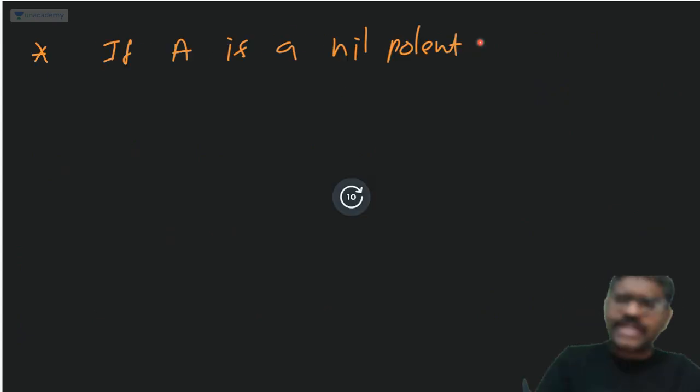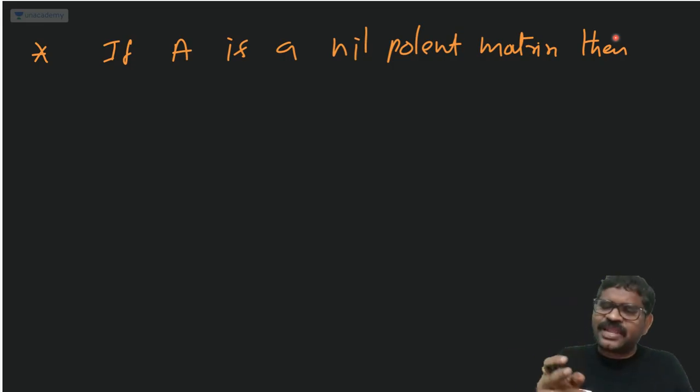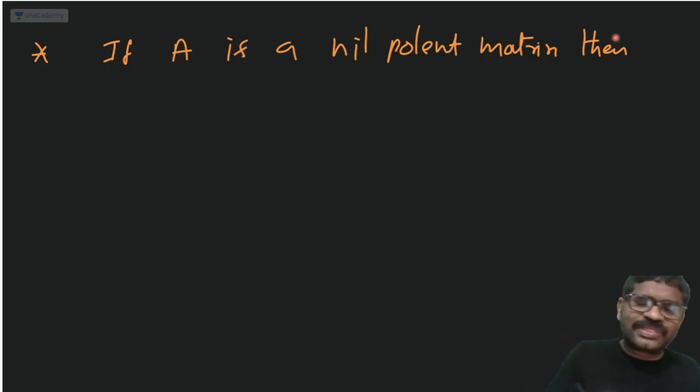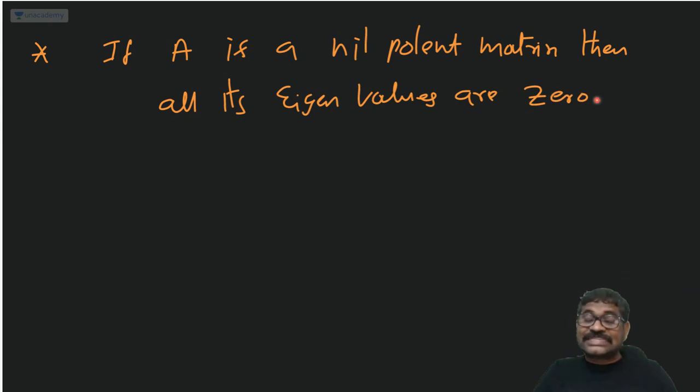If A is a nilpotent matrix of order n, then all its eigenvalues are 0. Suppose your matrix is nilpotent, each eigenvalue of a nilpotent matrix is 0.